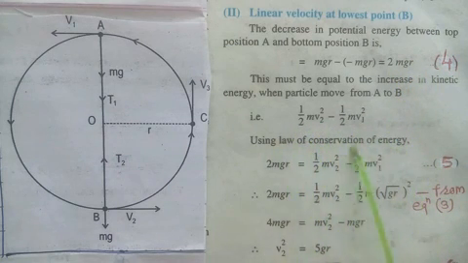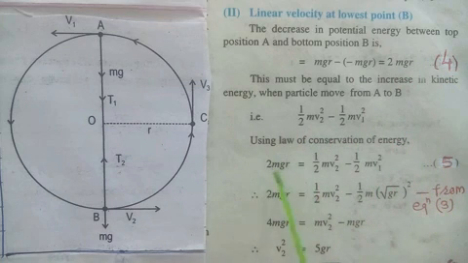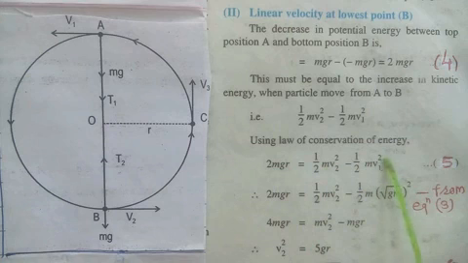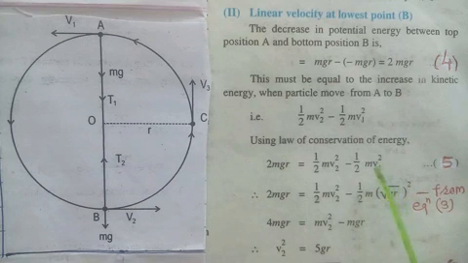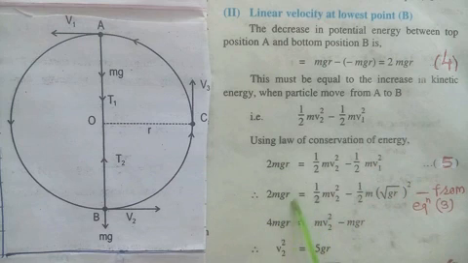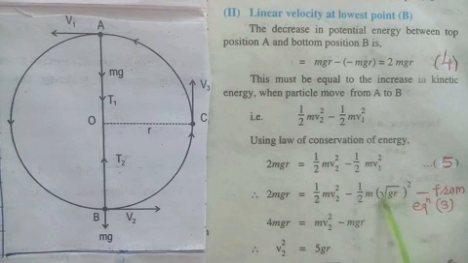Now substitute the value of v1 square, v1 equal to square root of gr from equation 3. We get twice mgr is equal to 1/2 mv2 square, this term as it is, plus 1/2 m and the square of v1, that is square root of gr squared.